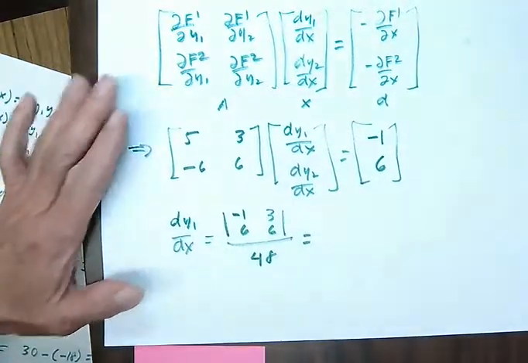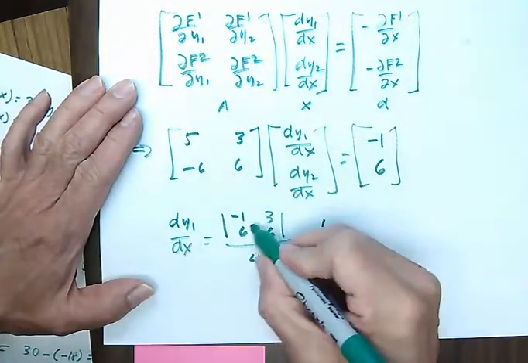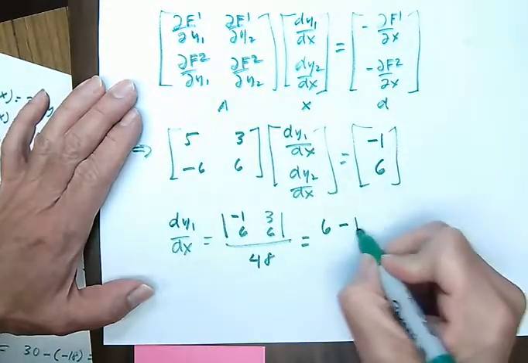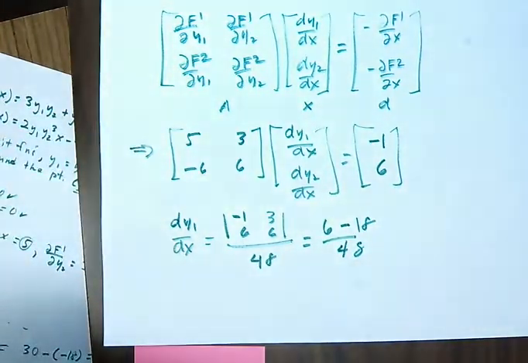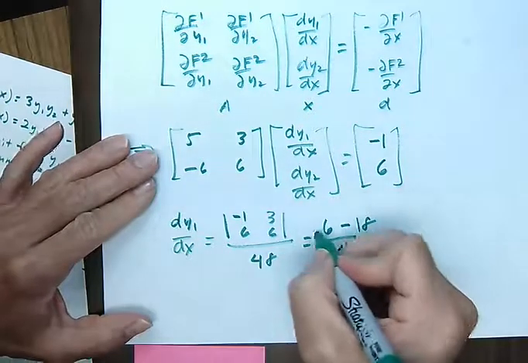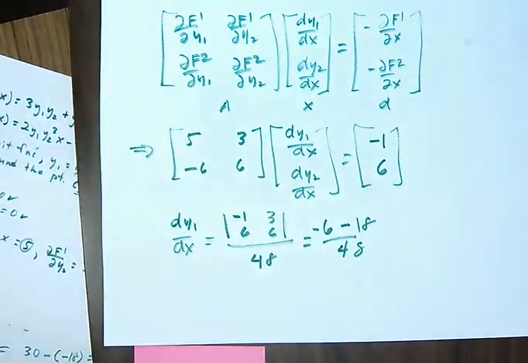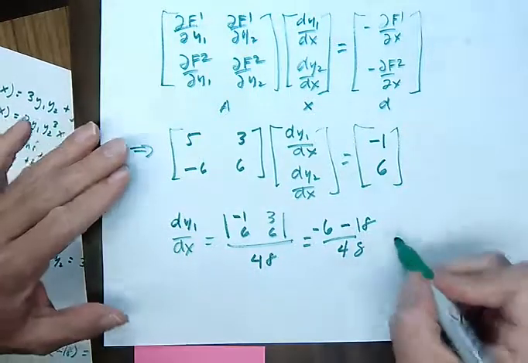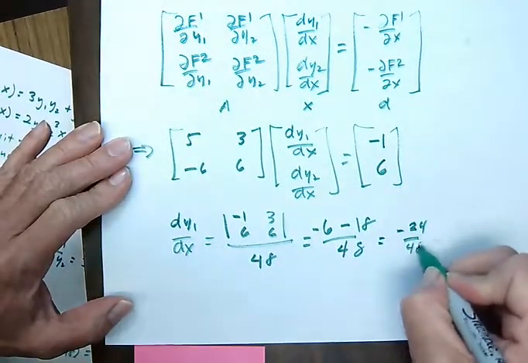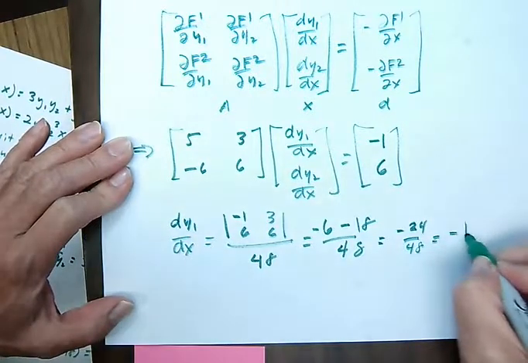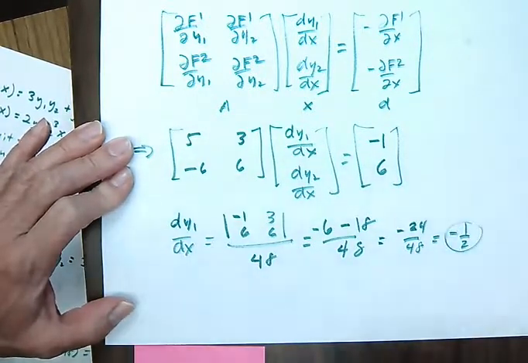And this comes out to be, excuse me, minus 6 minus 18 over 48, which comes out to be minus 24 over 48, which is equal to minus 1/2.